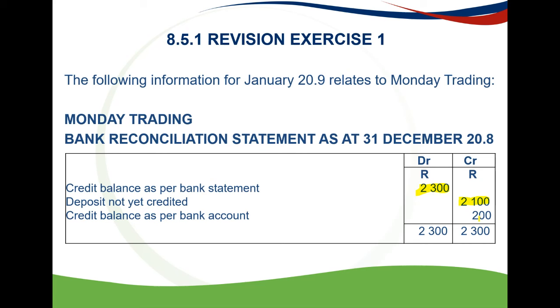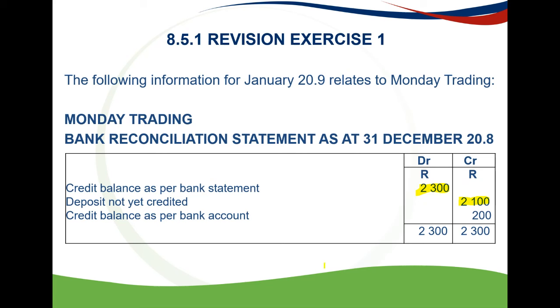When we start with our bank account in the general ledger, this is going to be our opening balance. Because remember, this is the closing balance as at 31st of December. And this closing balance will then become the opening balance for the 1st of January 20.9.